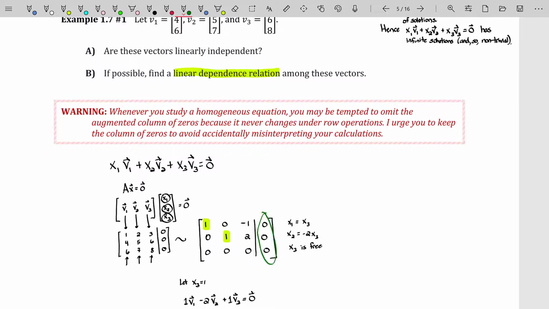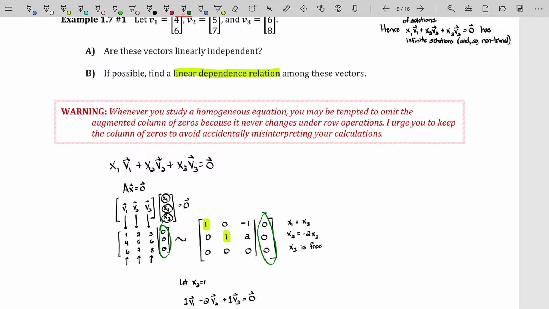You could be very tempted to not write that column of zeros. However, I urge you to keep the column of zeros, mainly because leaving them out sometimes leads to misinterpreting your calculations. So it's just safe to leave them in. It's just a simple single column of zeros. It's not that big of a deal to leave them in.